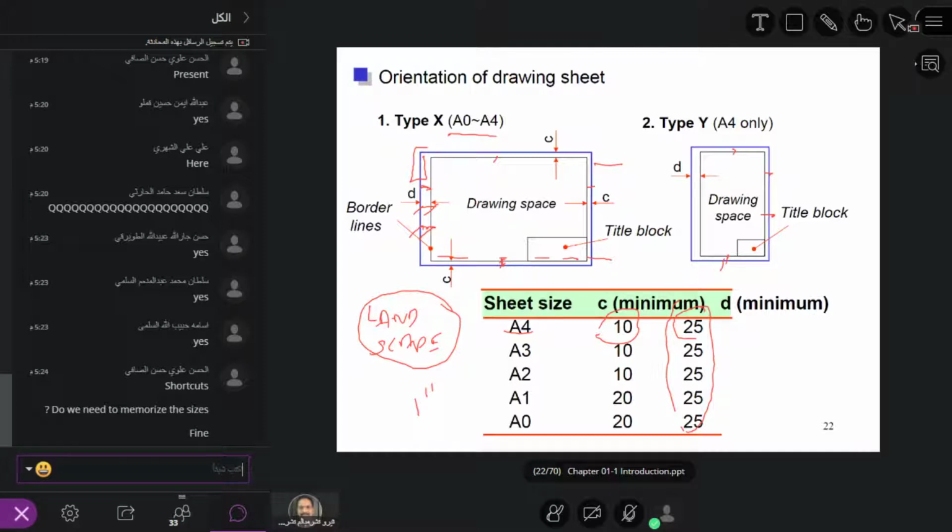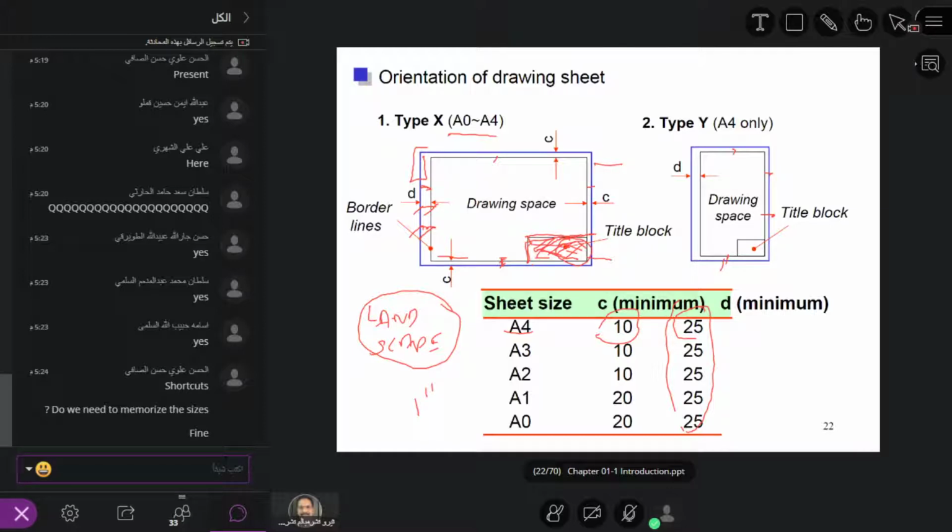And here you draw the title block. The title block, we will discuss in detail later. We write the name of the drawing, the dimensions used, the standard used, whether you are using a JIS standard or DIN standard or American standard. All these things will be provided here. This is the area where you put the specification of the drawing, the name of the drawing, the component, the type of view, everything here.